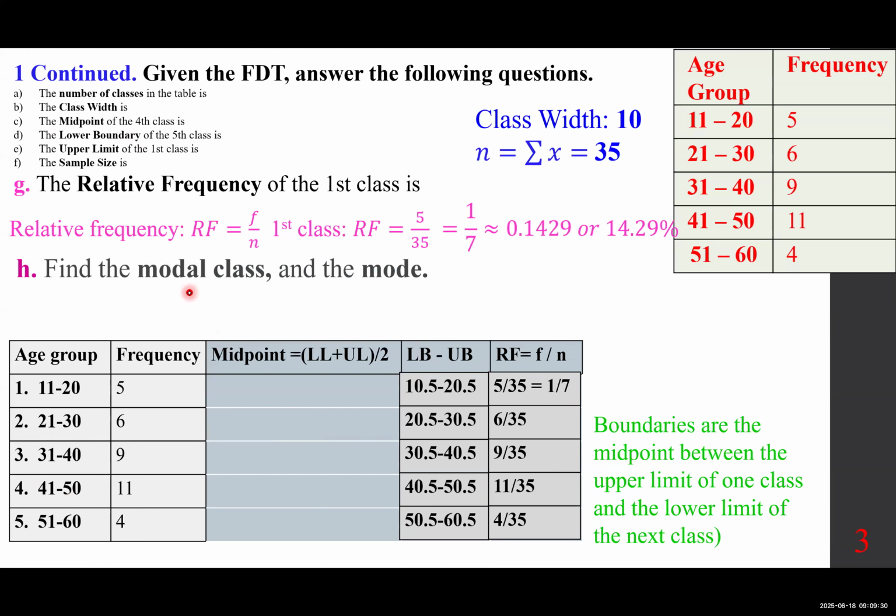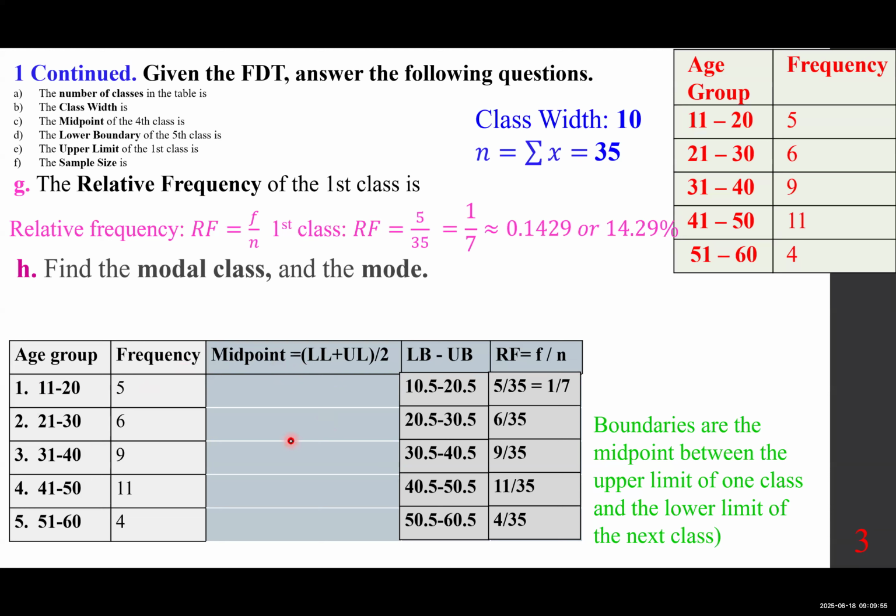Find the modal class. Let me quickly remind you about the midpoints that we did also. Remember, for the first class, add these two, divide by 2, same thing for the next one and the next one and the next one.